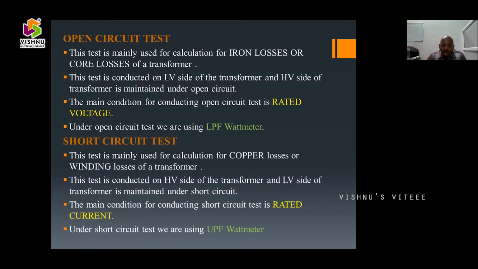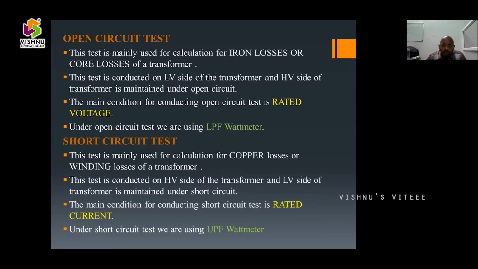Under short circuit condition we are using a UPF wattmeter, because under short circuit the full load rating of the transformer is applied on the winding of the transformer. So the current drawn by the transformer is the full load current, and the load on the transformer is full load.